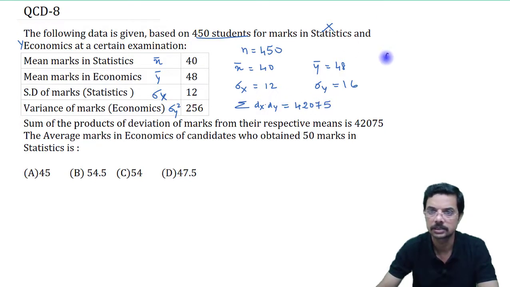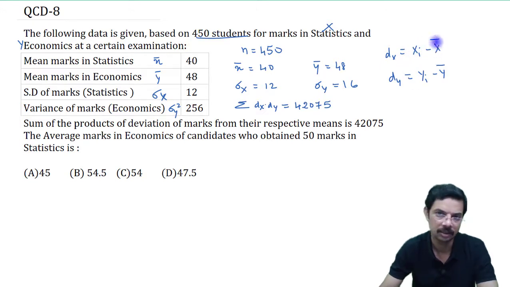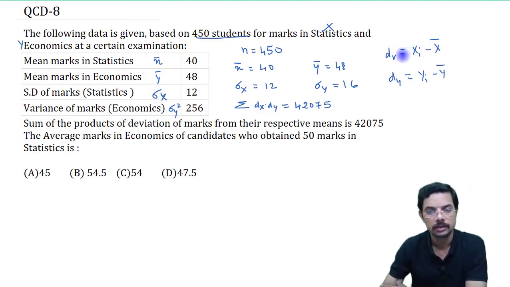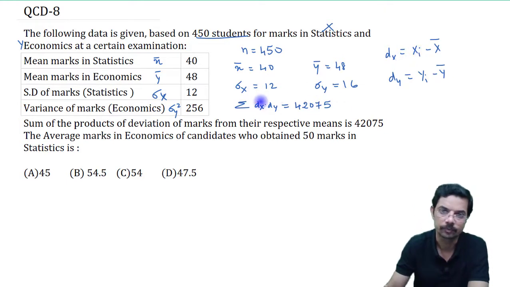What is dx? dx is equal to each xi minus x bar, the differences from their respective means. In the same way dy is equal to yi minus y bar. Once you find these and take the product and then the sum, that is given to you.